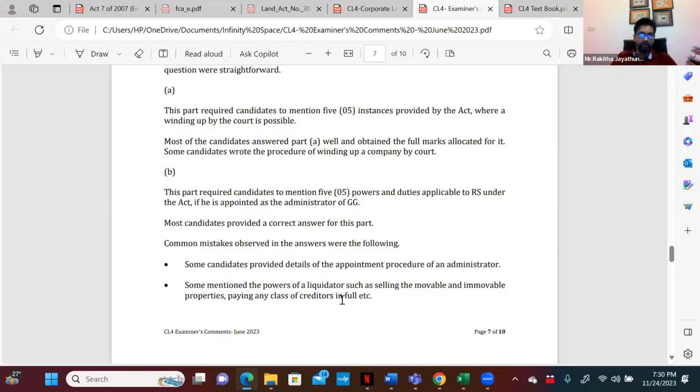But without winding up immediately, you can appoint an administrator for a short period to revive the company and to generate more assets for the company, better prospects for the company, and then go for liquidation, because at that point you will be able to settle more liabilities than what you can settle right now. So sometimes you can do that also.